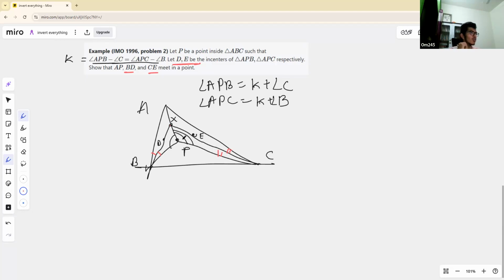So suppose they meet at point X, that's supposed to mean, by the angle bisector property, XP by XA is equal to BP by BA, and that should be equal to CP by CA. We don't know this, so what we actually have to prove is this condition. Once we prove this condition, we can just say suppose this angle bisector meets at X, and by the ratio condition, X should be the intersection of the other angle bisector too. So how are we going to prove this condition with this angle condition?